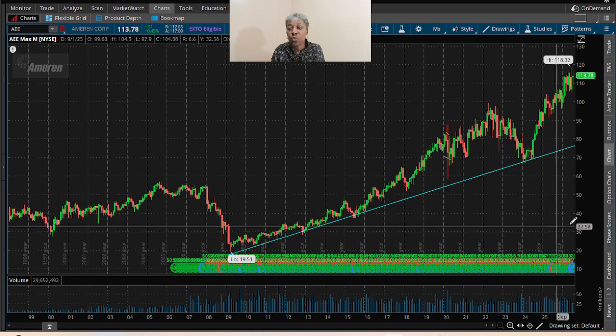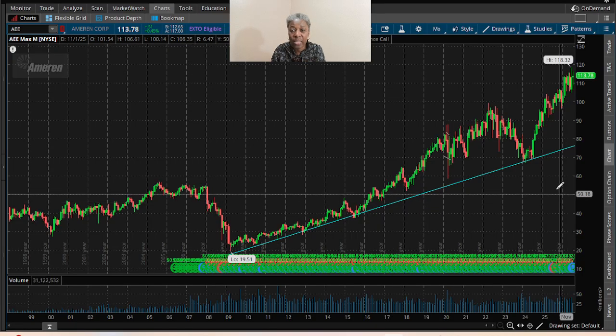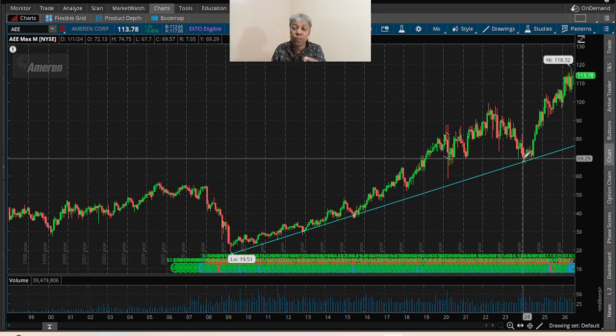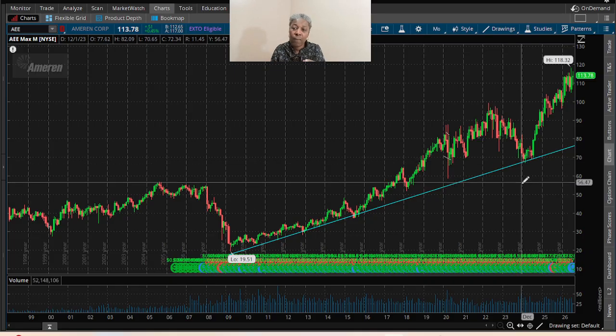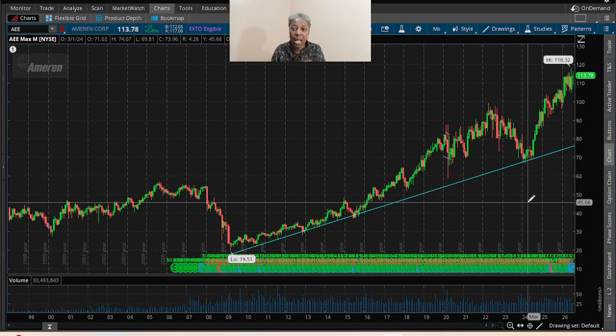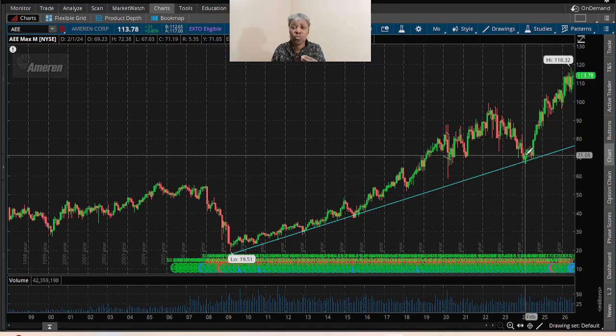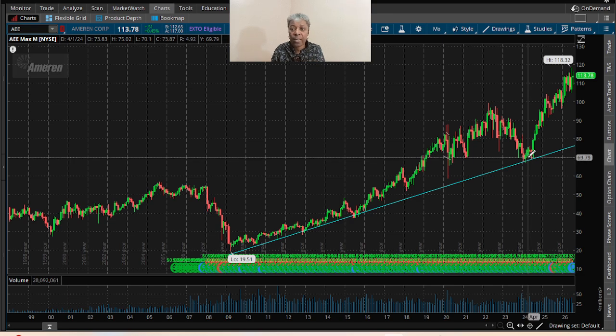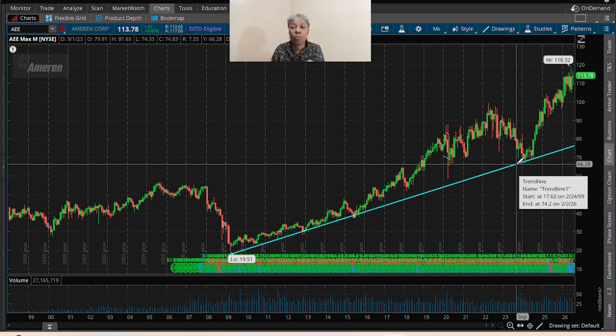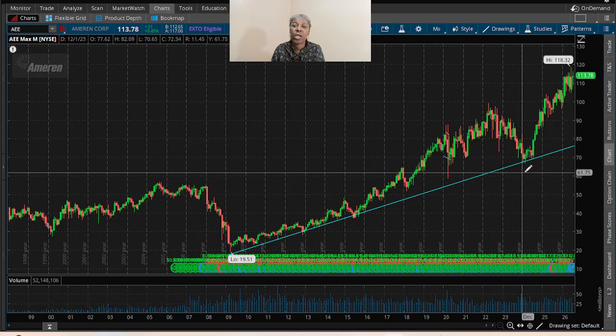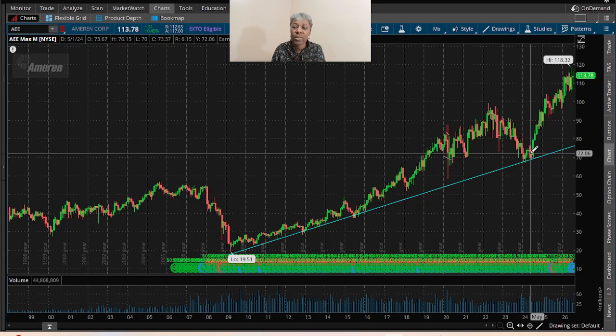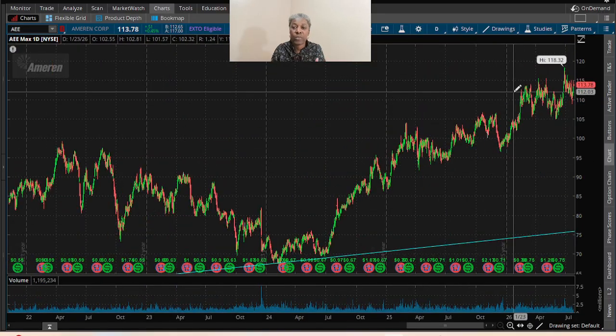But if I have multiple support lines and I don't know which one it is going to fall to, as it reaches the first one, I might buy some shares. If it reaches another one, I might buy some as well, so that I don't miss out trying to figure out where I should buy. But in this instance where there is one line, if I have enough money in the account, I'll buy the number of shares I'm comfortable buying for these stocks, and then I will let it be until it's time for me to sell.